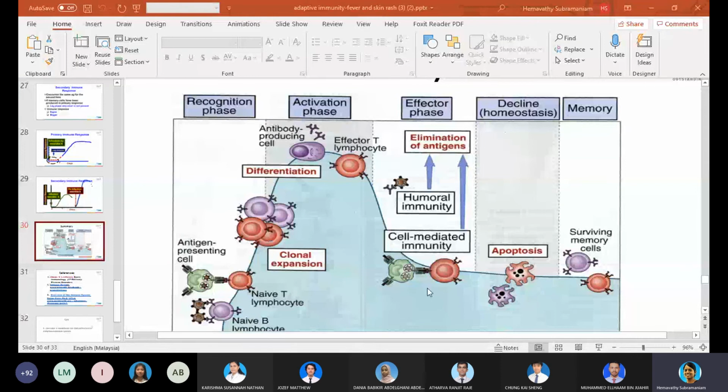So generally, whether it's MHC class 1 or 2, the general function of MHC is to bind the peptide fragments from the pathogens and display them on the cell surface for recognition by the T cells.